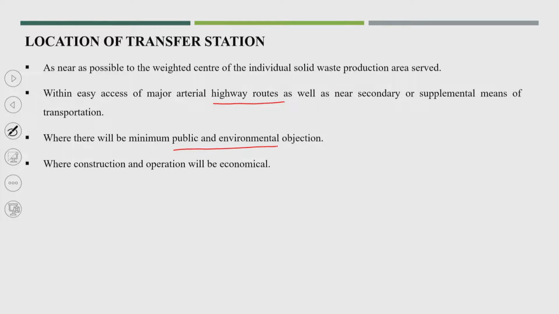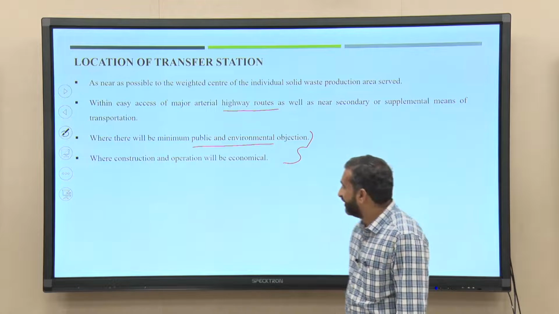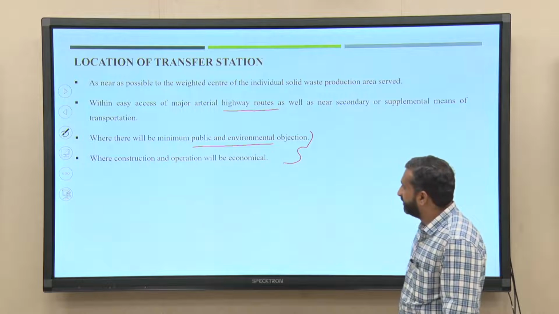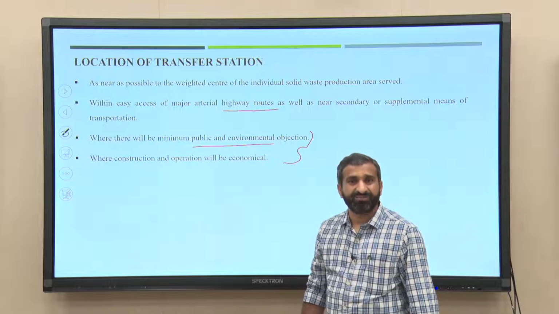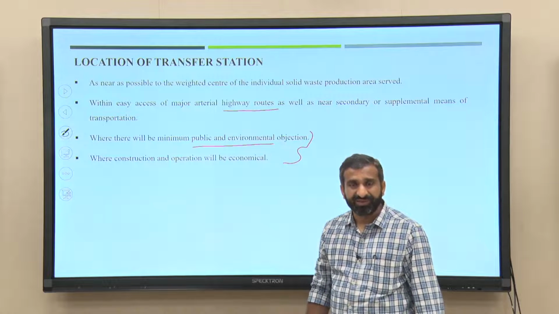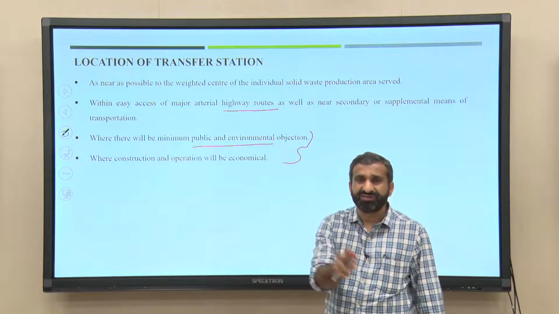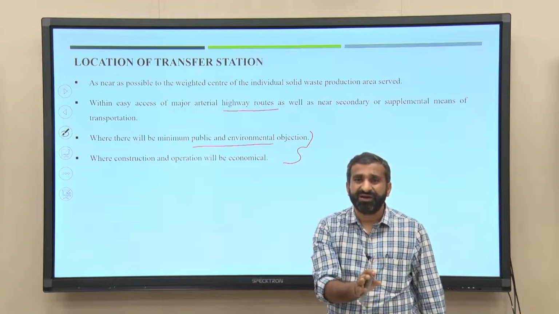I think other factors we can easily handle, but these are the important factors: public objections, and how best and easily we can operate the transfer station. Now, under the Swachh Bharat mission, many cities have started transfer stations, but the problem is that if you are planning for transfer stations, you need to have proper vehicles, for the primary collection and also for the secondary collection, where the larger vehicle is required.